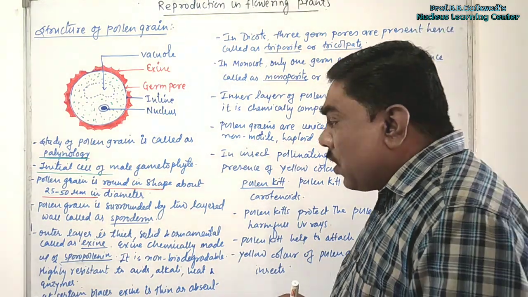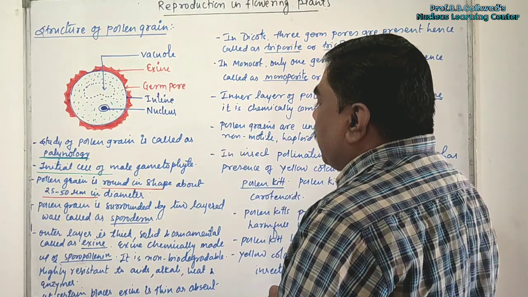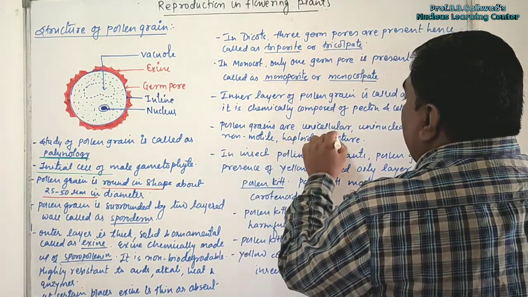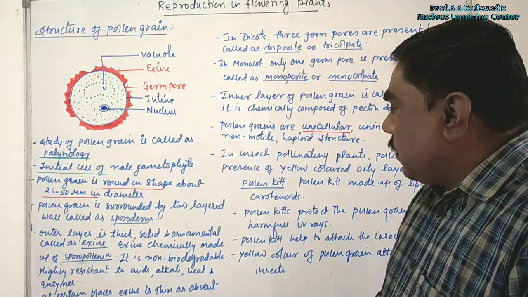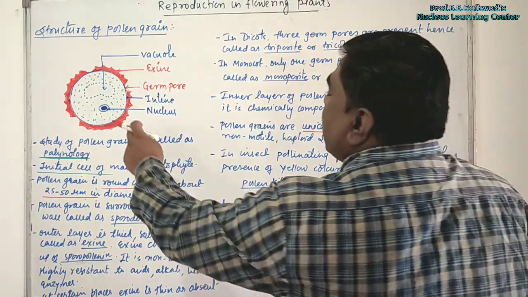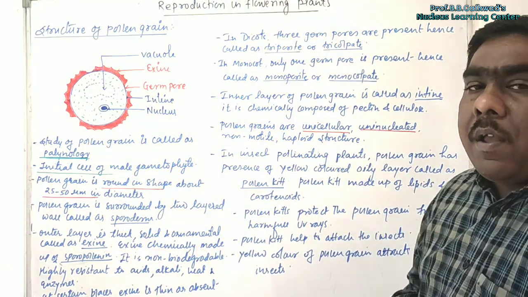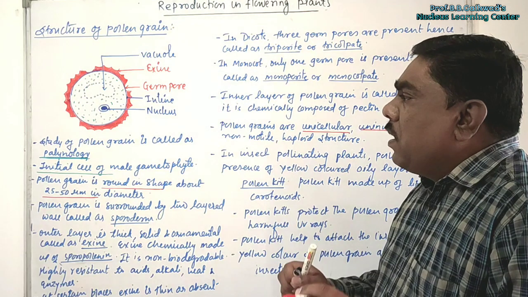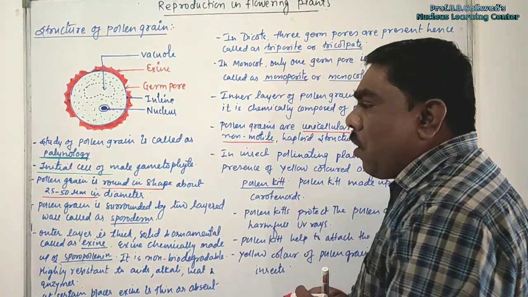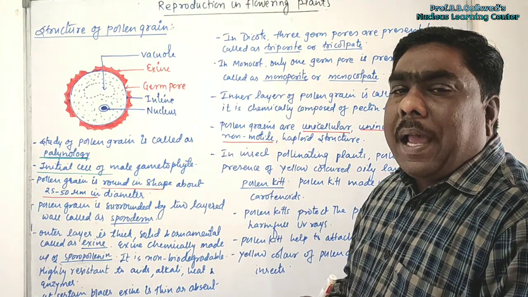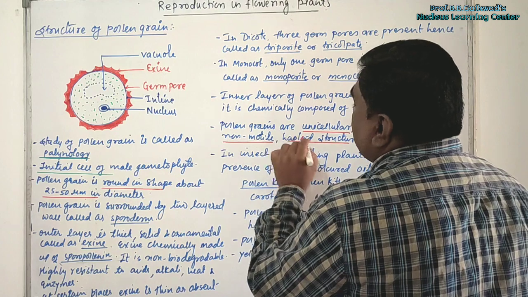Okay, got this? Now, this pollen grain is a single cell structure. It is unicellular, consisting of a single nucleus, hence it is uninucleated. Pollen grain एक unicellular, uninucleated, non-motile, means not able to move, and haploid structure.